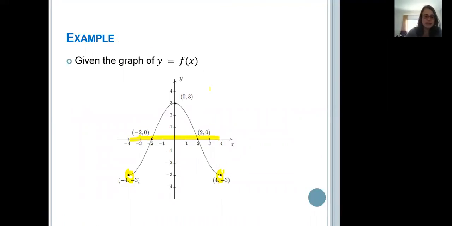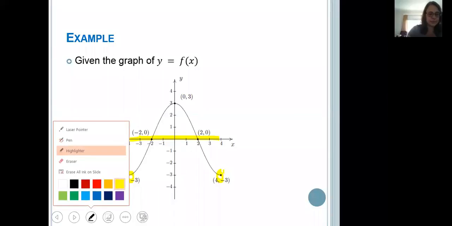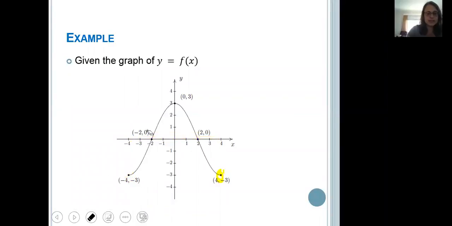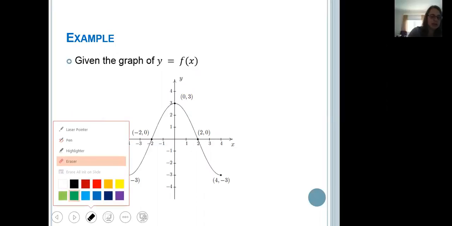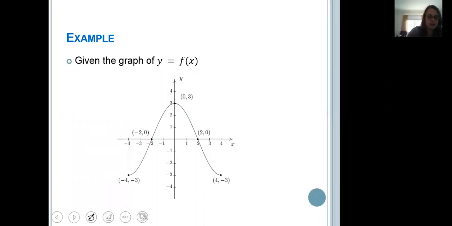All right, let's erase this chicken scratch, because the next question says, what's the range? And the range, remember, has to do with the y's. Our range is just the set of all y's from the smallest y to the biggest y. So what's the smallest y you see included on my graph? -3, right?